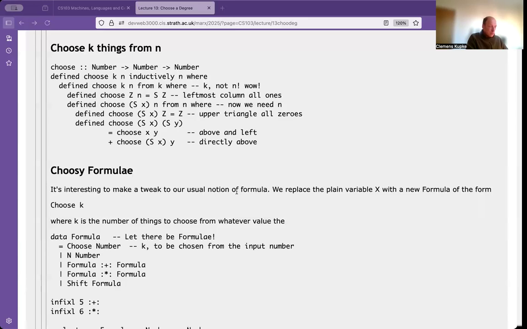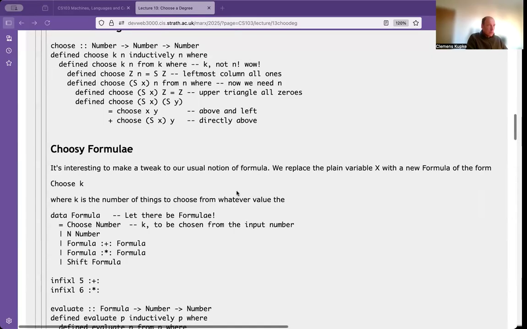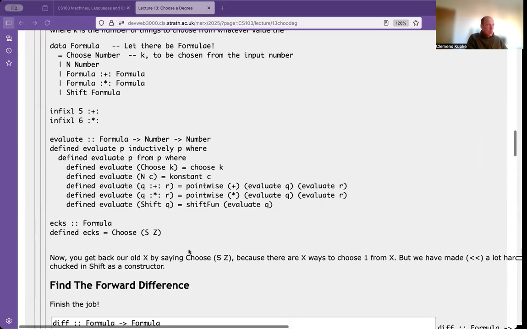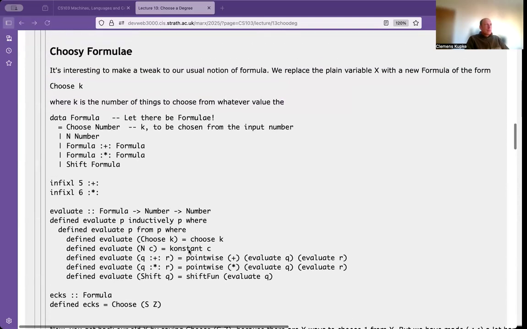So we haven't lost any power, and we've actually gained a little. But because it's harder to define substitution, we have now built the shift operator directly into formula. And now our evaluate machinery interprets choose k as choose k, funnily enough, constants as constants, plus and times as pointwise plus and pointwise times, and shift by shifting.